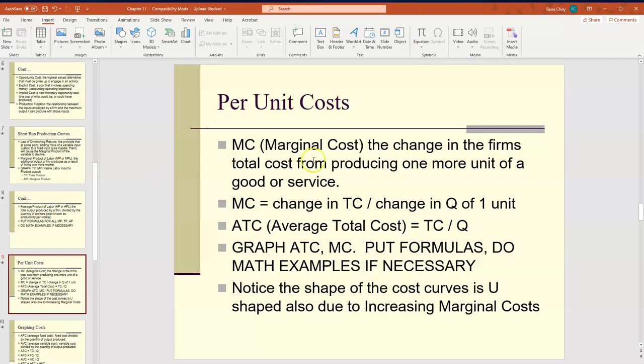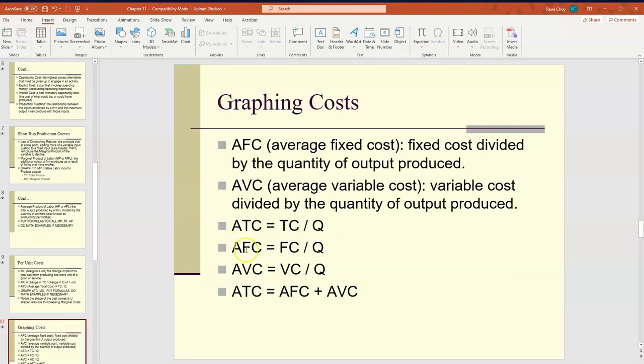All right, so marginal cost is the change in the firm's total cost from producing one more unit of a good or service. The marginal cost is basically the change in total cost divided by the change in the quantity of one unit. Average total cost is total cost divided by quantity. All the other average costs, which are per unit costs, are basically cost divided by quantity.